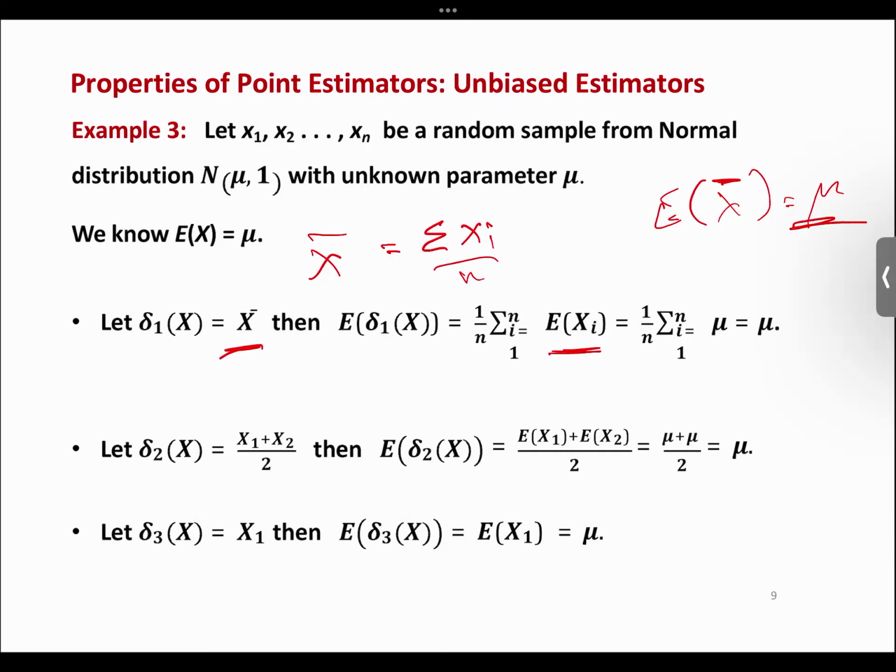Similarly, if your random variable is given by x1 plus x2 by 2, then the expectation is expectation of x1 plus expectation of x2 by 2. So it's just additive. In this case, you'll just have mu, mu, so 2 mu by 2, which again is equal to mu.